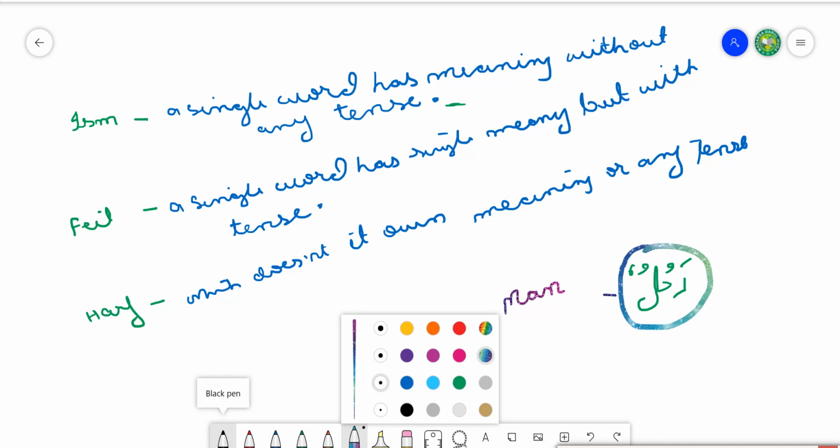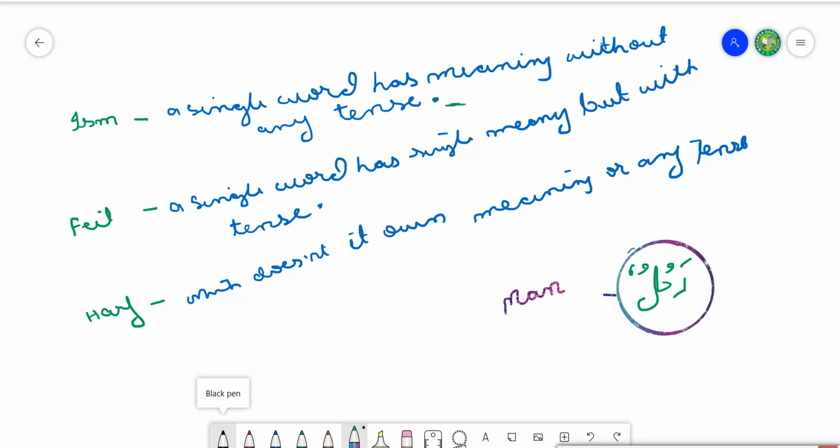Because it is a word and it has a meaning. Yes, because when we say rajulun, it means a man. So when we translate this word rajulun into any other language, it means man. So this means rajulun has its own one meaning.